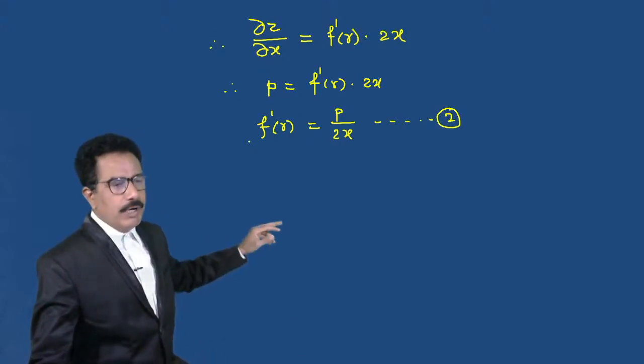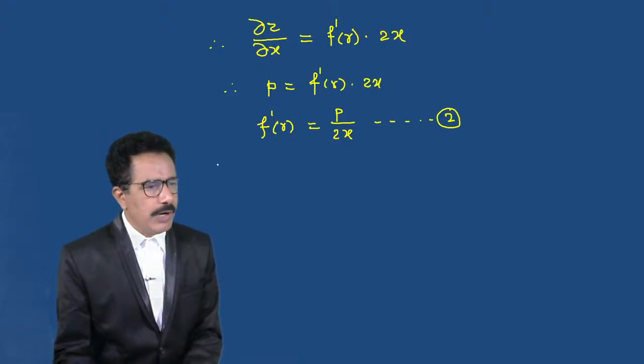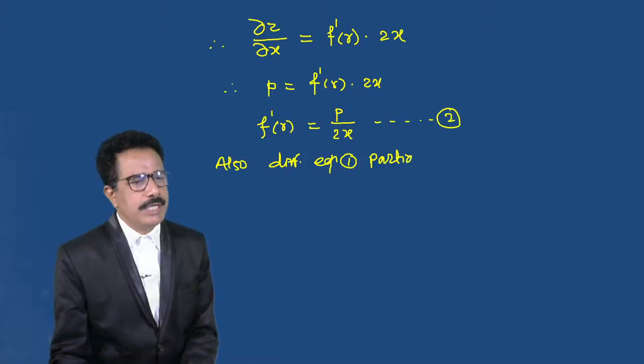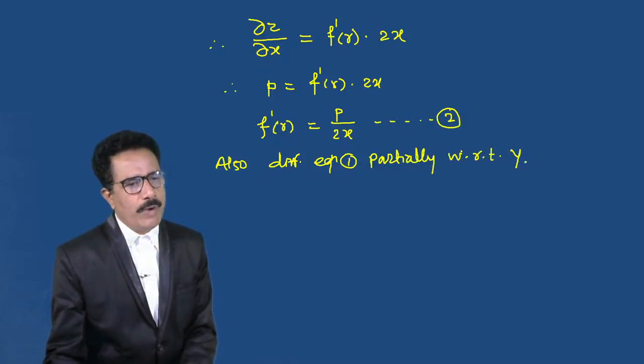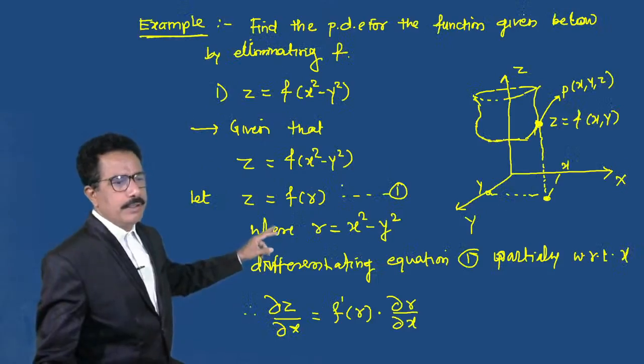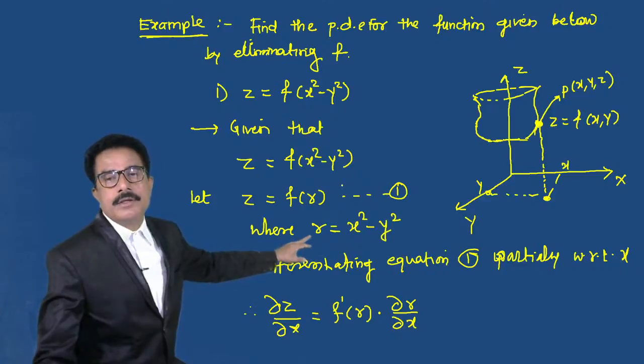Now we also have to differentiate equation 1 partially with respect to y. So differentiating equation 1 partially with respect to y, we can write dou z by dou y is equal to, now see this, z is a function of r, and r is again a function of x and y.